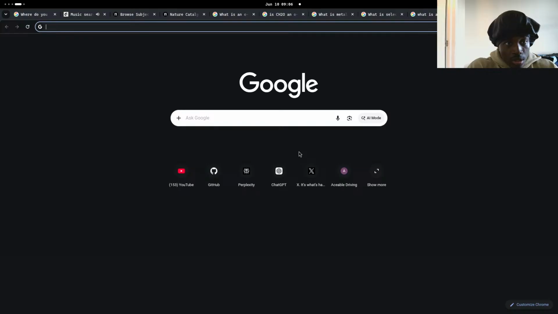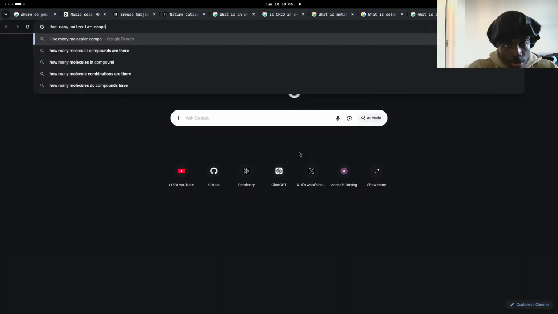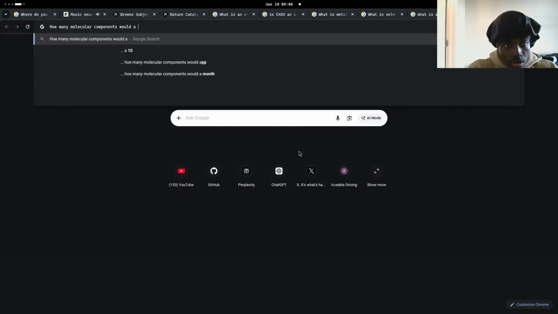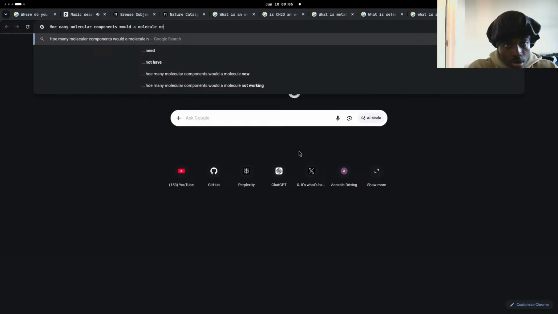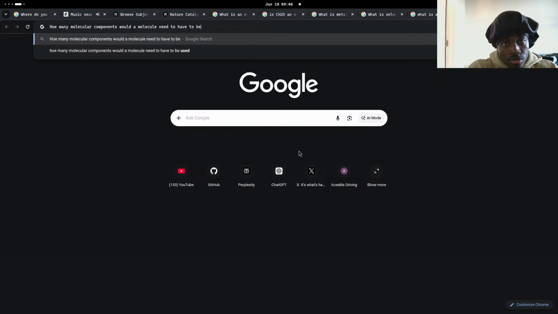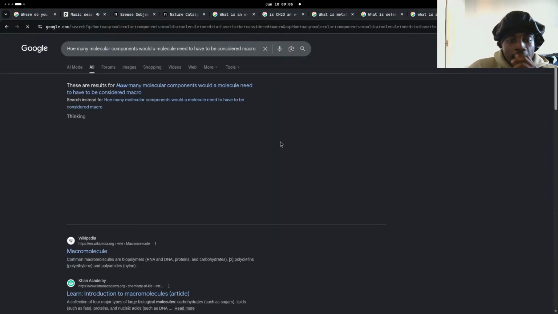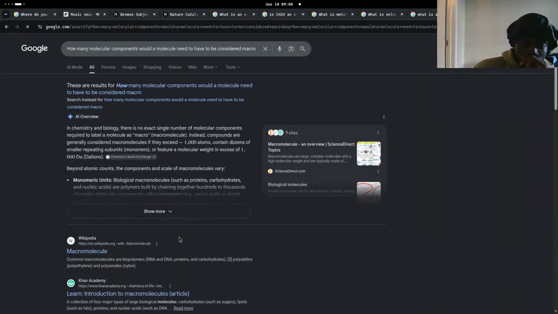How many molecular components would a molecule need to have to be considered macro? There's no exact number. Okay, no, I don't trust this summary at all. The specific one, but whatever.